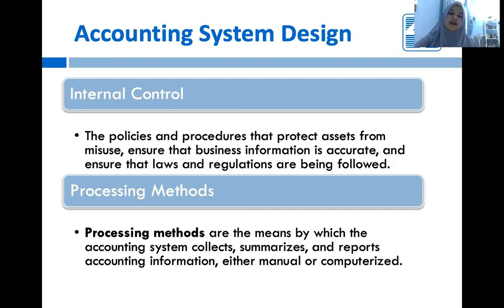Certain job positions can access certain financial information, while other job positions within the company can access other information. So it's segregated, designed in such a way to make sure that there is no fraud or breach of laws and regulations.